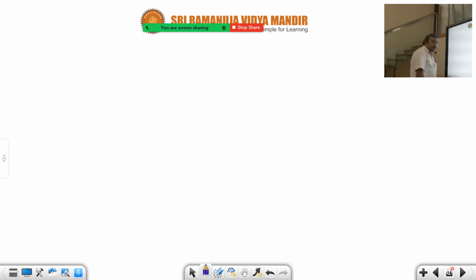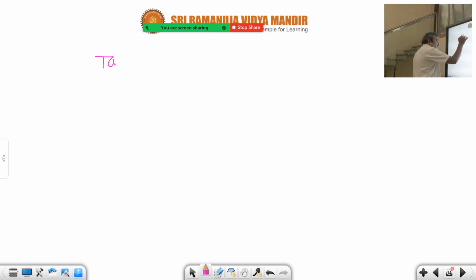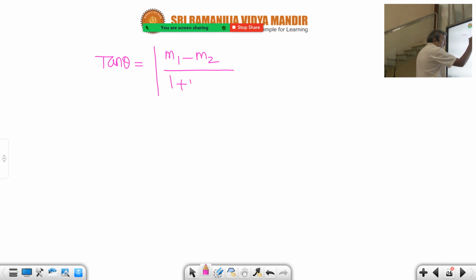And the formula you have to apply here is tan theta is equal to modulus of m1 minus m2 by 1 plus m1 m2. Right? So this is the formula for angle between two curves. Now take second point in that.